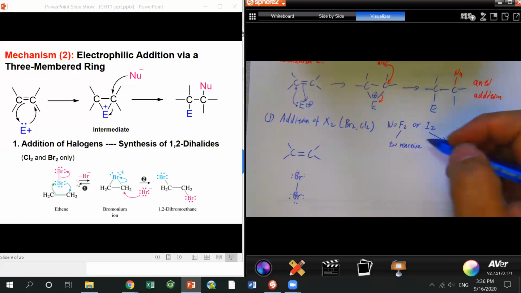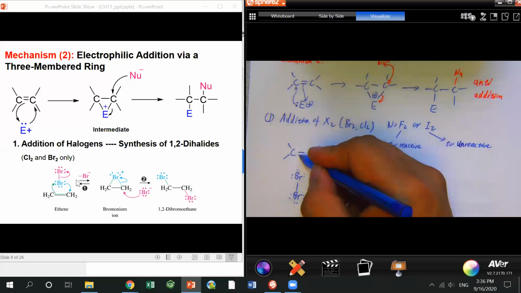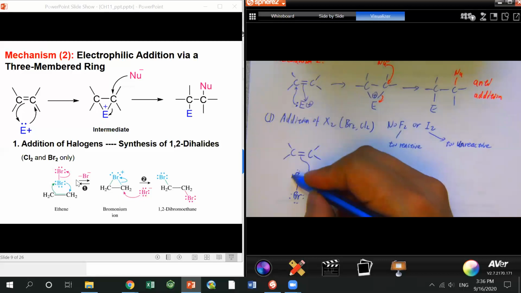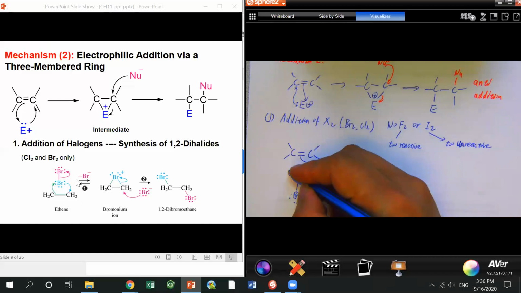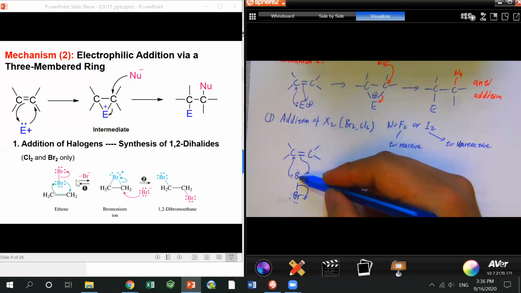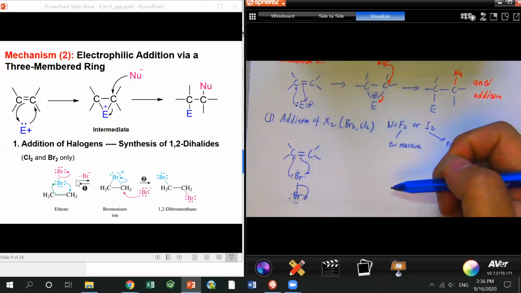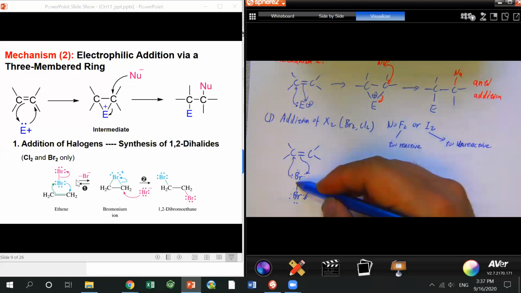All right, so what happened? The pi bond opens and attacks the bromine here. Meanwhile, the lone pair electrons on the bromine attack this carbon, and eventually the shared electrons between the two bromine atoms break up and give you bromide.